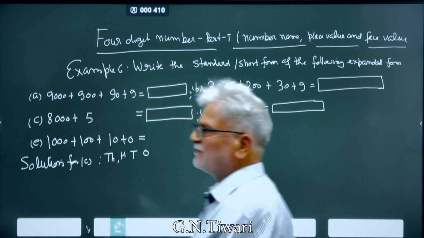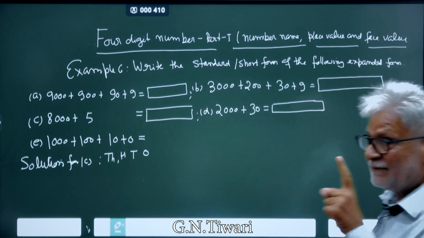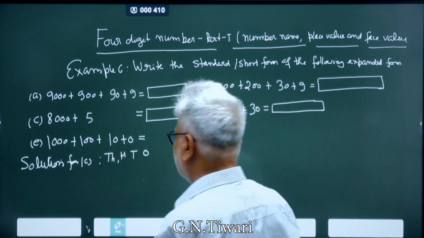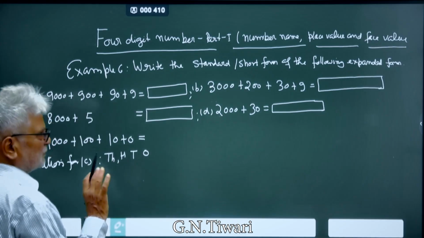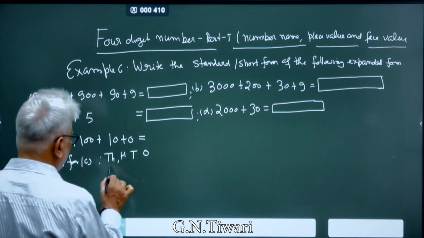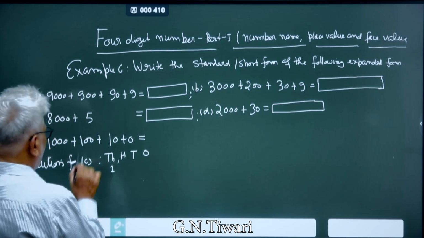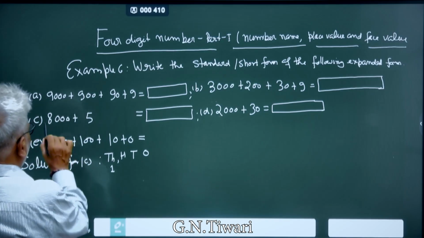Pronunciation should be done from right to left, not left to right. Only in the division, it is from left to right. Otherwise, right to left. Now, just see, there is nothing in the hundreds. 1,000, it should come below the 1,000. 100, sorry, C means this. 8,000.